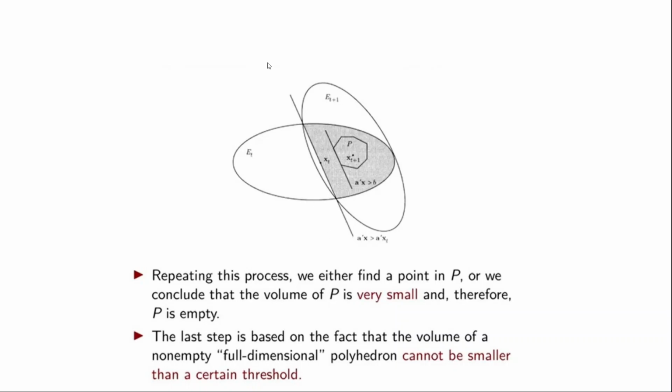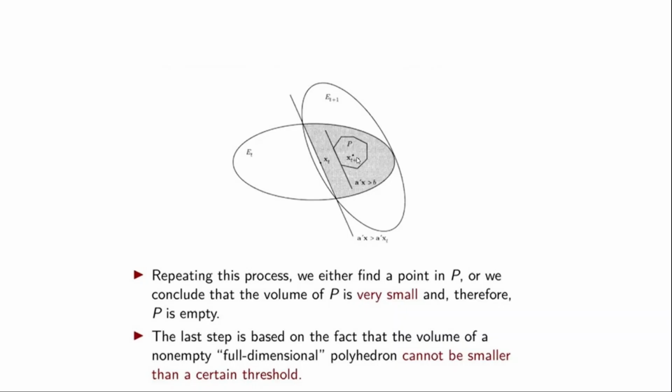Now, since we keep on creating newer and newer ellipsoids whose volume keeps on decreasing, there would come a time where the volume of the ellipsoid becomes so small that it bypasses the threshold of the volume of polyhedron P. What it means is iteratively we keep on creating new ellipsoids, and at one instance the volume of the newly created ellipsoid is smaller than the threshold volume of the polyhedron.